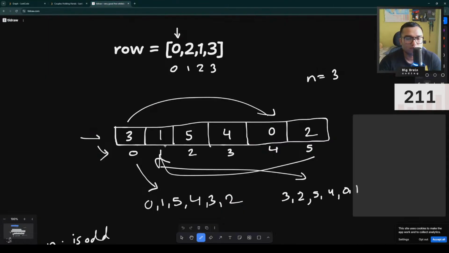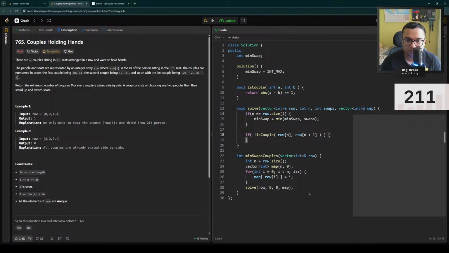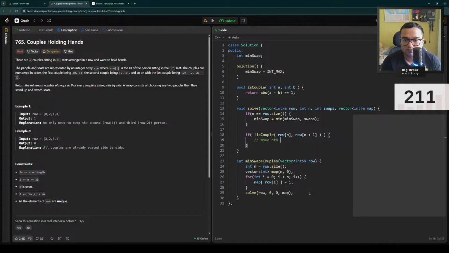Okay, let's see. When I switch these two, the values of these two are gonna get swapped, right? Okay, let's pass this, no worries. And we pass in map, and this is passed as a reference. If they are not a couple, move nth person to position of n plus 1 guy.